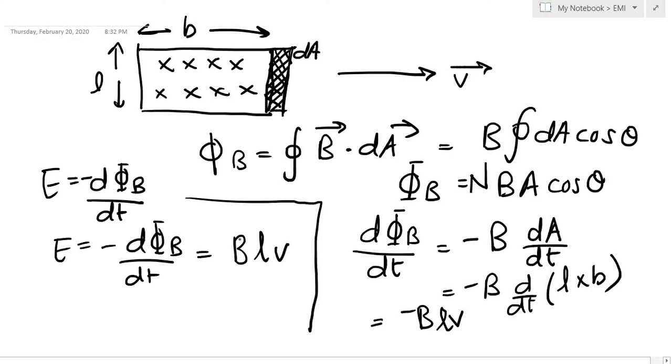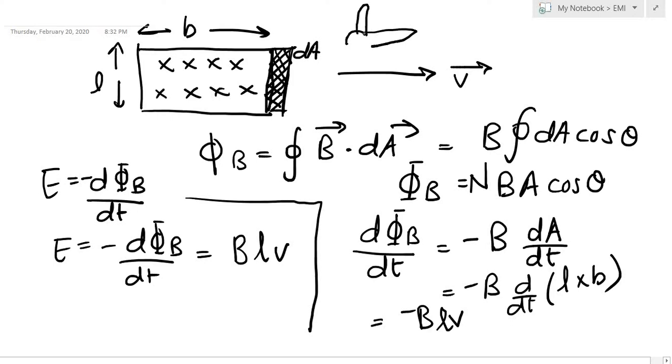Now what's the direction? Okay, let's use our Fleming's right hand rule for that. So our thumb is going this way, the motion of the conductor, and the magnetic field is pointing inwards.